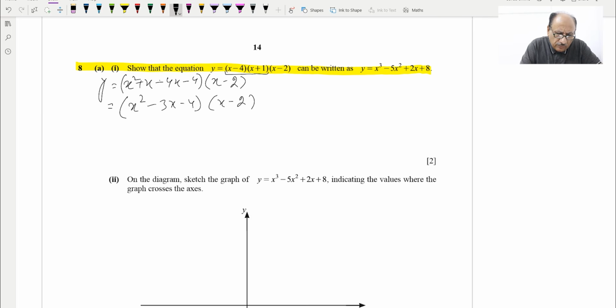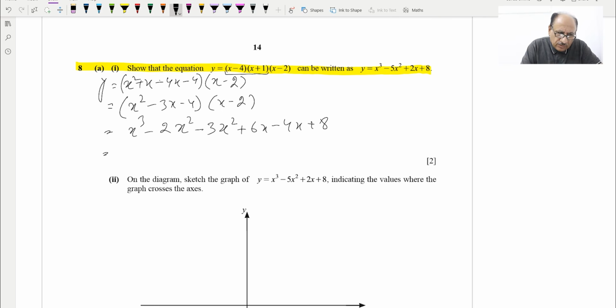And we can multiply. This will be x square into x will be x cube, minus 2 into x square will be minus 2x square, minus 3x into x will be minus 3x square, minus 3x into minus 2 will be plus 6x, and minus 4 into x will be minus 4x, and minus 4 into minus 2 will be plus 8.